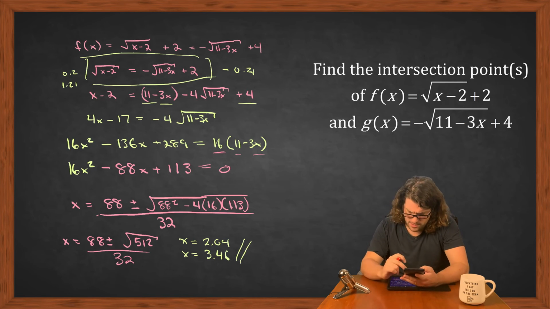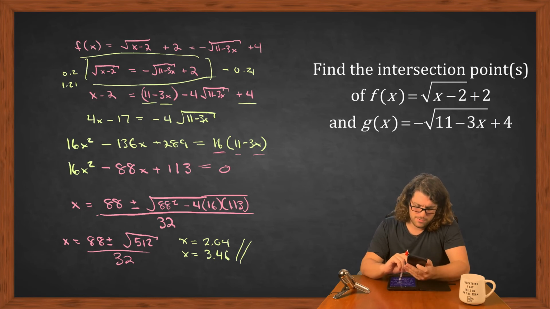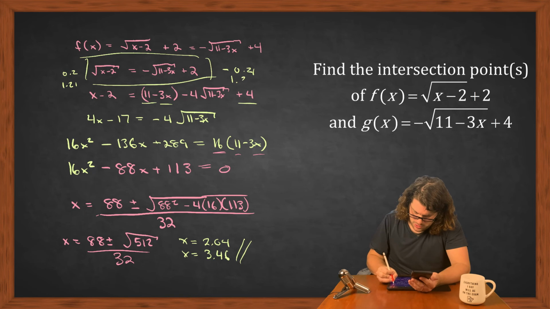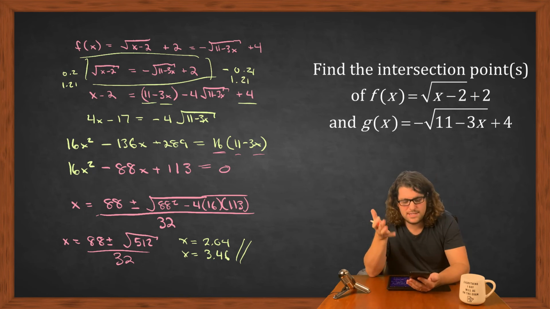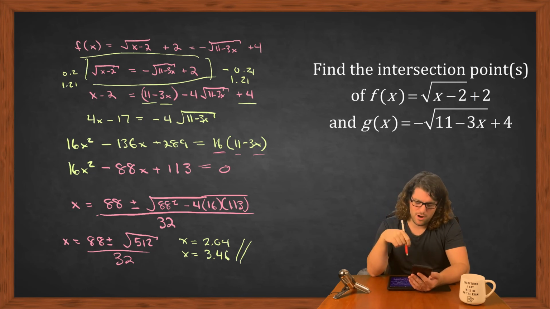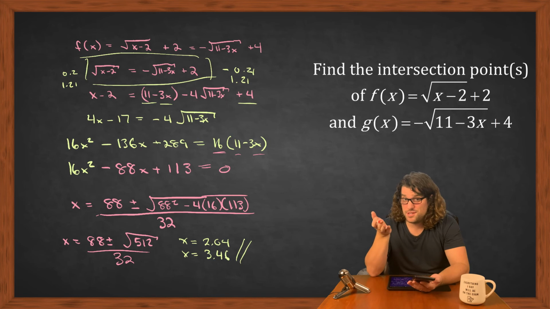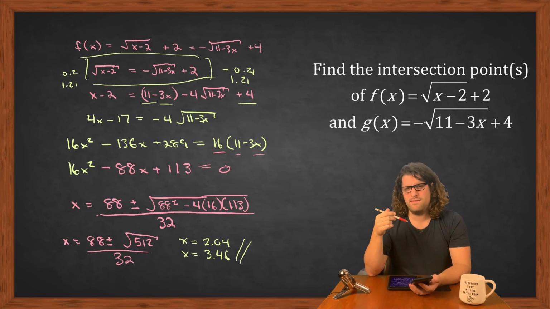On the other side, we're going to have 11 minus 3 times 3.46. We're going to square root that and throw a negative on the front and add 2 to it, which gives me 1.21. Perfect. And if I took it to the thousandths position, they would have been off by a little bit. At the hundredths position, they end up being the same value, which, again, that's great.